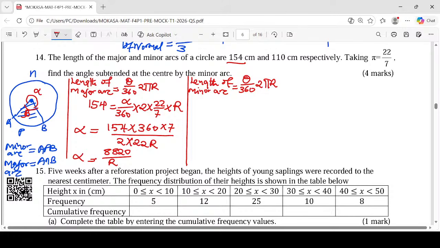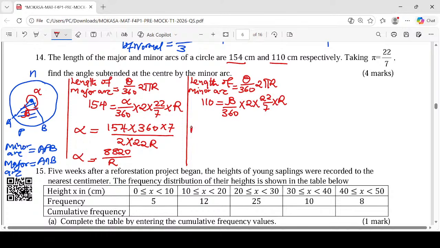So the length of the minor arc we were told is 110. So we're going to have here 110 is equal to, theta is the angle subtended by the minor arc, in our case we call it beta, beta over 360 multiplied by 2 multiplied by pi, which is 22 over 7, multiplied by r.